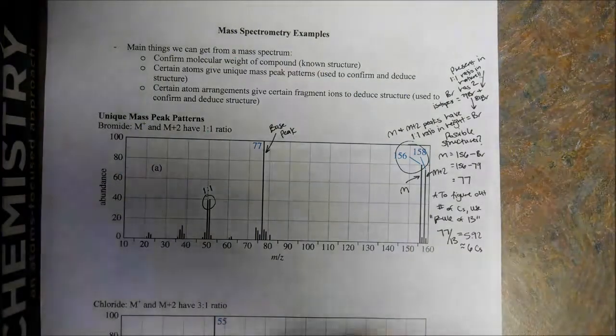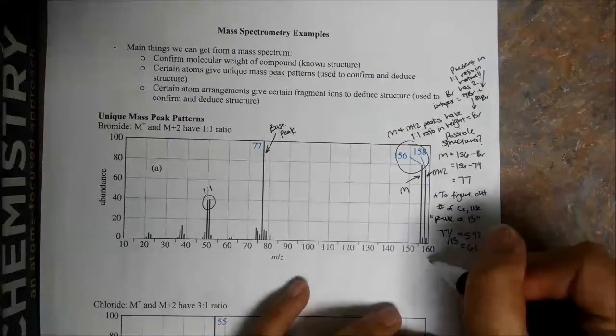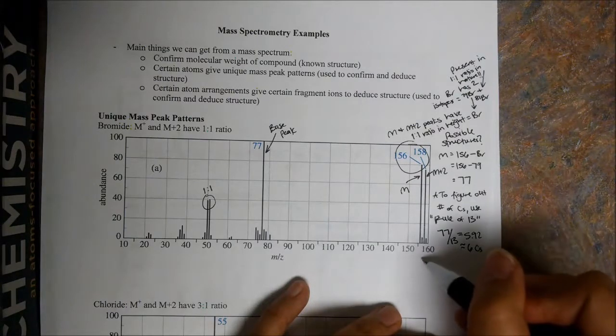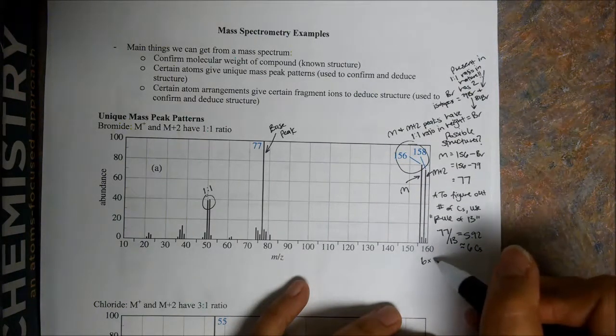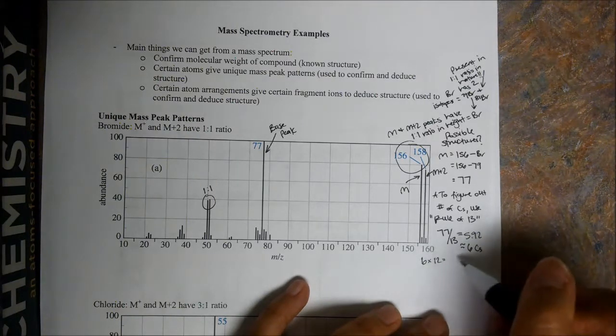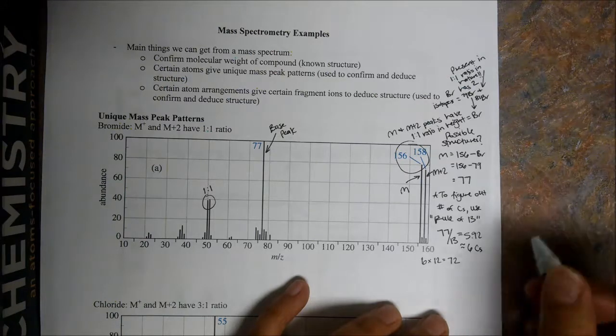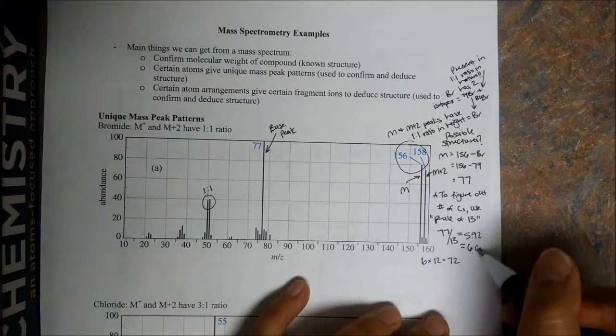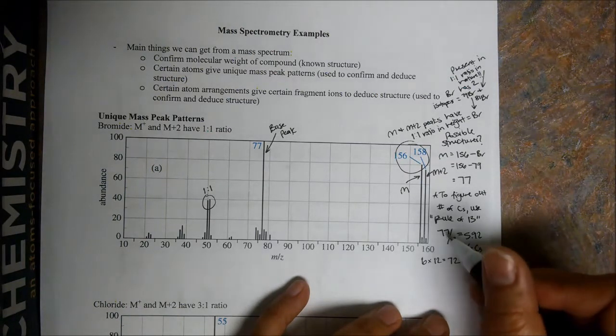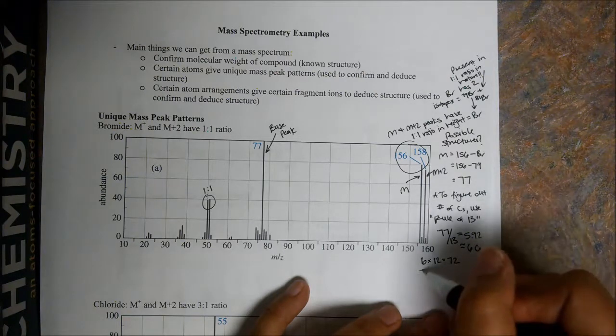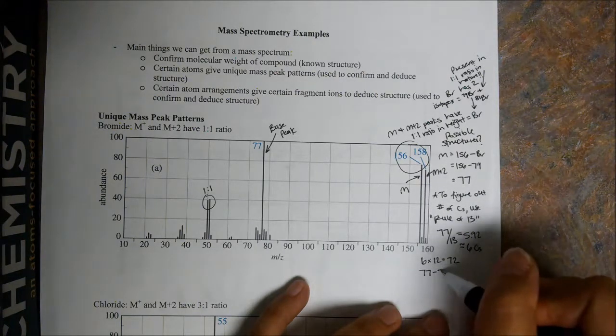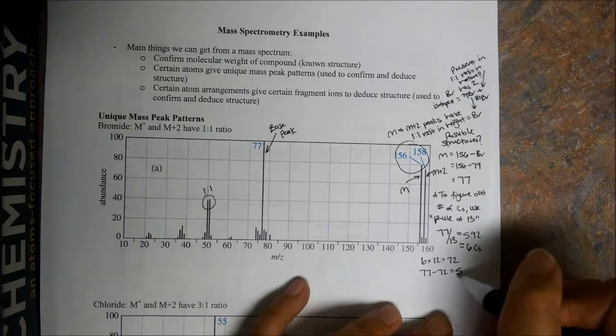So let's see if this makes sense. If we have 6 carbons, then we use the atomic mass of carbon, which is 12, and we get 72. So 72 mass units correspond to carbon, out of the 77 that were left. 77 minus 72 equals 5.